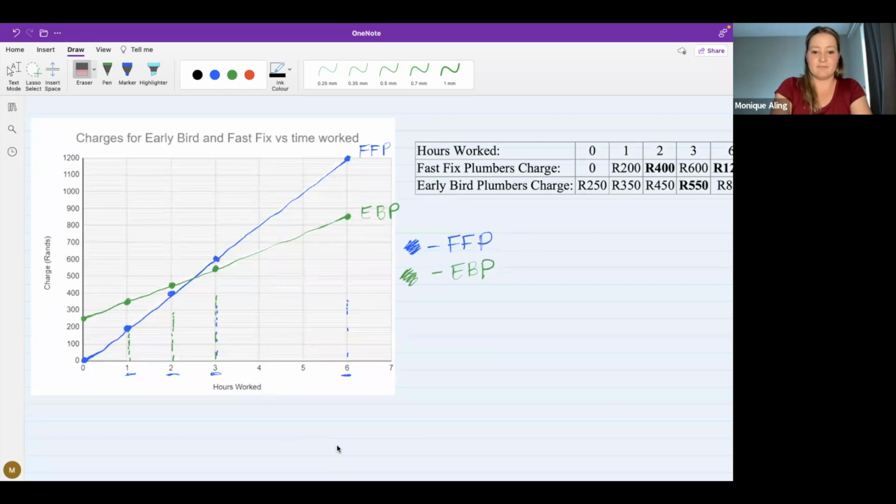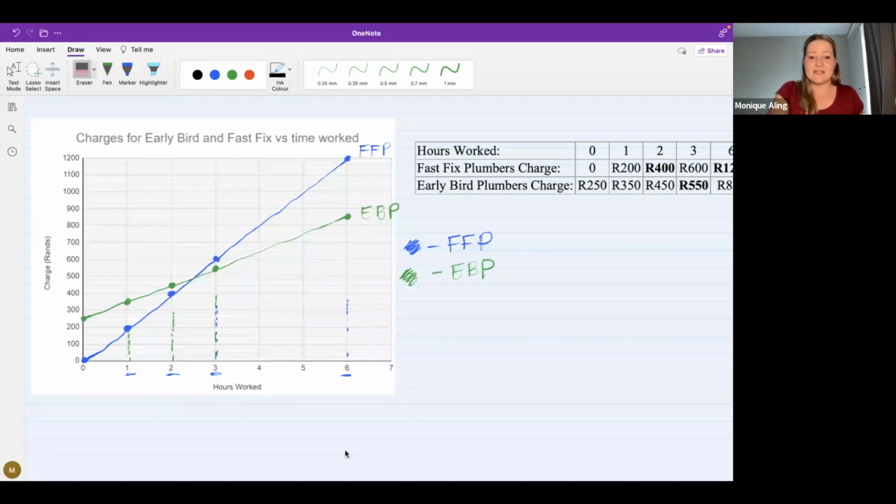Or you can write in chat, Salome, it's fine. Okay, does anyone else have any questions? Do we understand how this graph is plotted? Let me know in the chat, thumbs up, smiley face, or no.